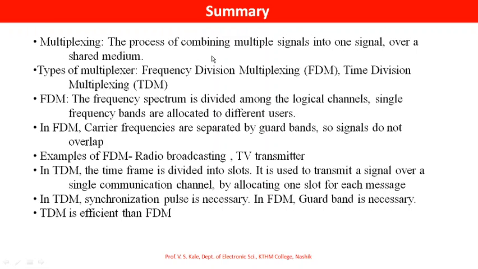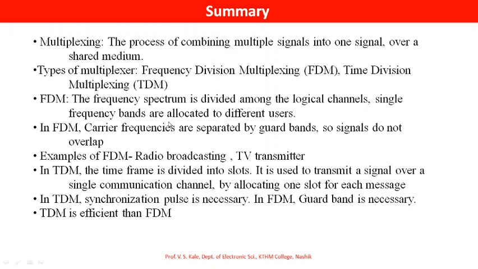Multiplexing is the process of combining multiple signals into one signal over a shared medium. The types of multiplexing: frequency division multiplexing, that is FDM, and time division multiplexing, that is TDM. In FDM, the frequency spectrum is divided among the logical channels.